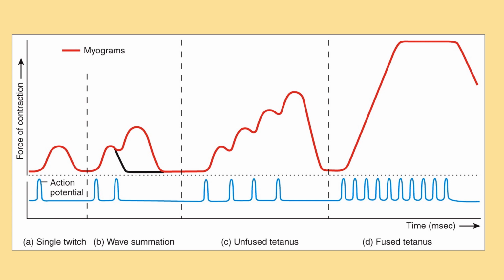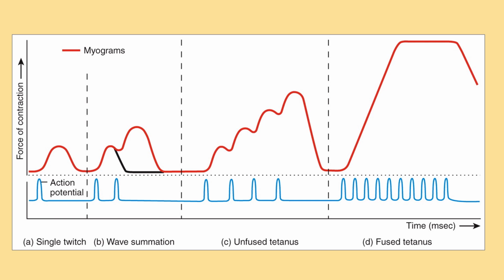And at each point, these muscle action potentials occur before the muscle cell has had the time to fully relax. Notice that this sequence of action potentials leads to ever increasing force of contraction. Each successive action potential causes the muscle cell to generate more and more tension.